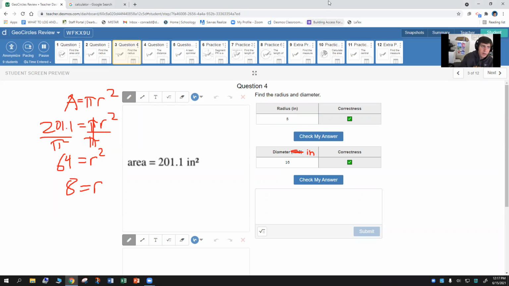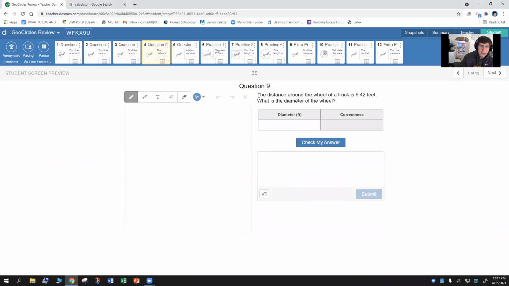All right, slide 4. The distance around the wheel of a truck is 9.42 feet. What is the diameter of the wheel? The length around the wheel is the circumference, so we're going to use the circumference formula. Circumference is 9.42 equals 2 pi r, and we're simply going to divide both sides by 2 pi.